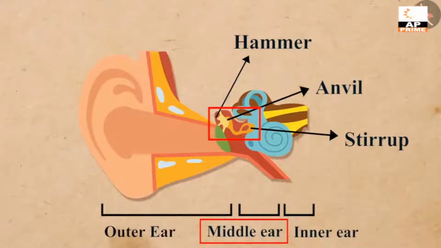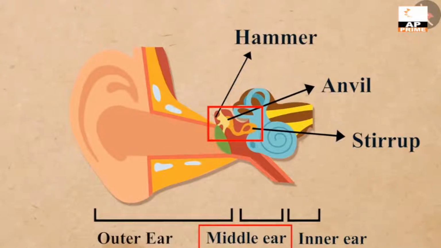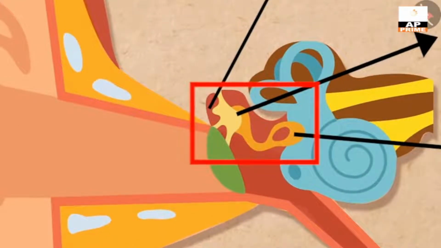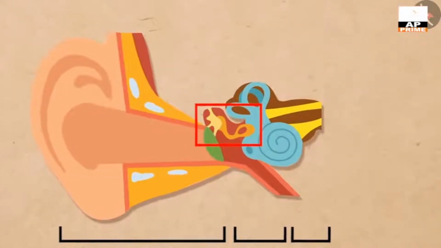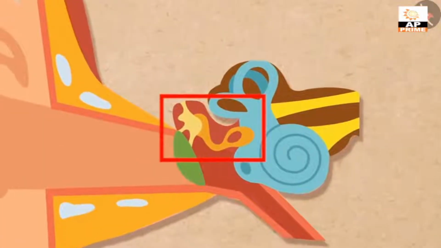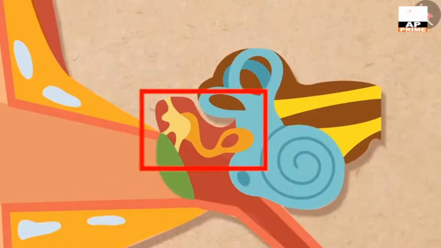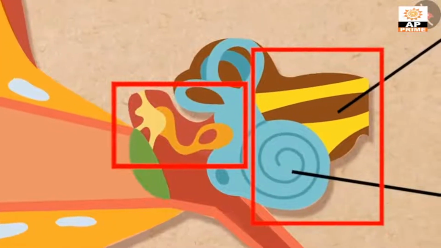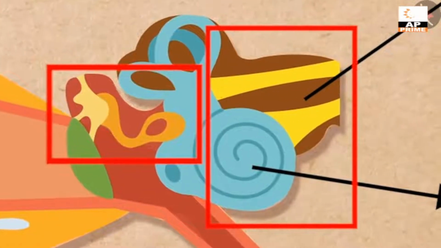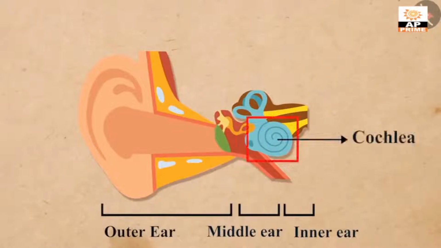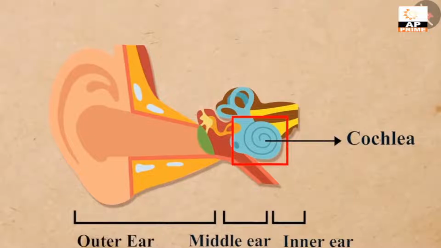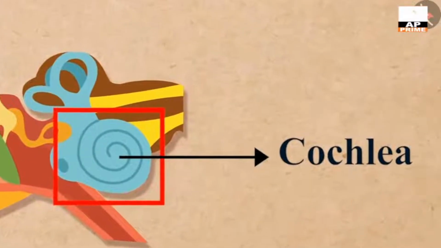Then, the three bones, the hammer, the anvil, and the stirrup of the middle ear, amplify the vibrations. After that, the middle ear transmits the amplified pressure variations received from the sound wave to the inner ear. The cochlea of the inner ear turns the pressure variations into electrical signals.